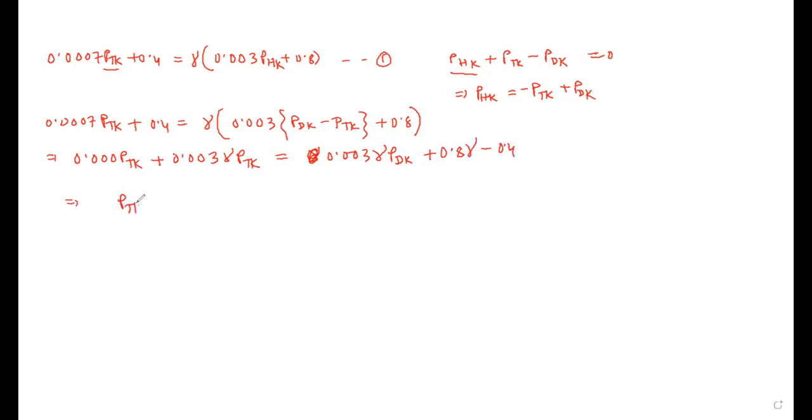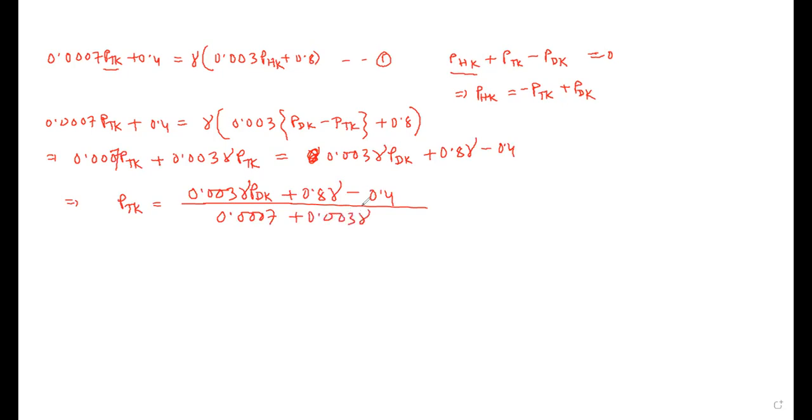So now you can take what is PTK. This is 0.003 gamma PDK plus 0.8 gamma minus 0.4 divided by, sorry, should be 7, 0.0007 plus 0.003 gamma.